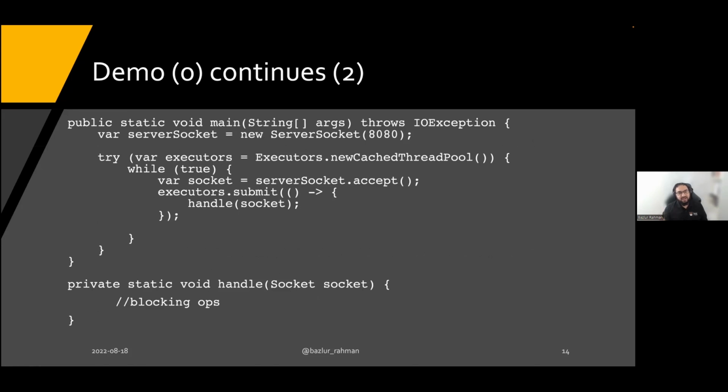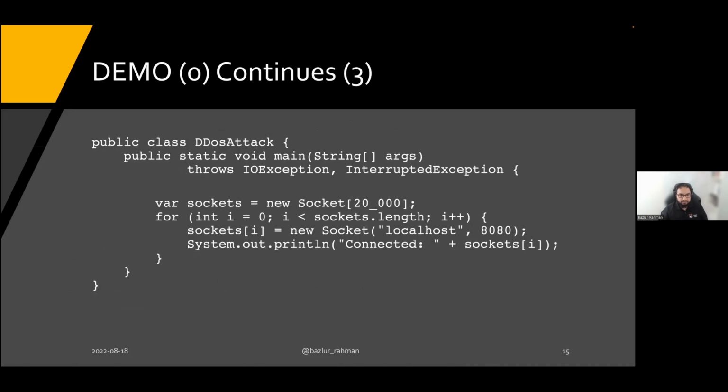So we can quickly turn it into a multi-threaded web application server, which is the case for all of our modern web applications, where we have a pool of threads, and every time we get a request, we give that request to a thread. So this is what we do, and here is a basic DDoS attack.